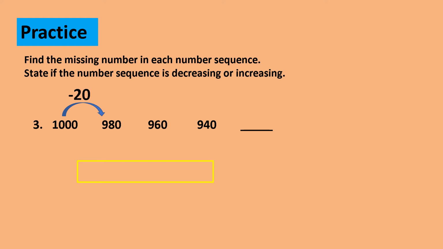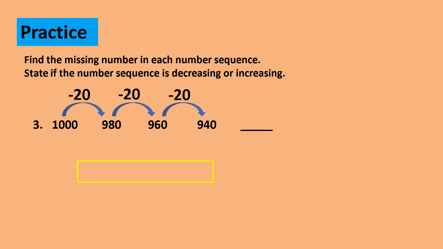So from 980, it went down to 960. It also decreases by 20. And then from 960 to 940, it also decreases by 20. So that means the sequence is decreasing by 20.